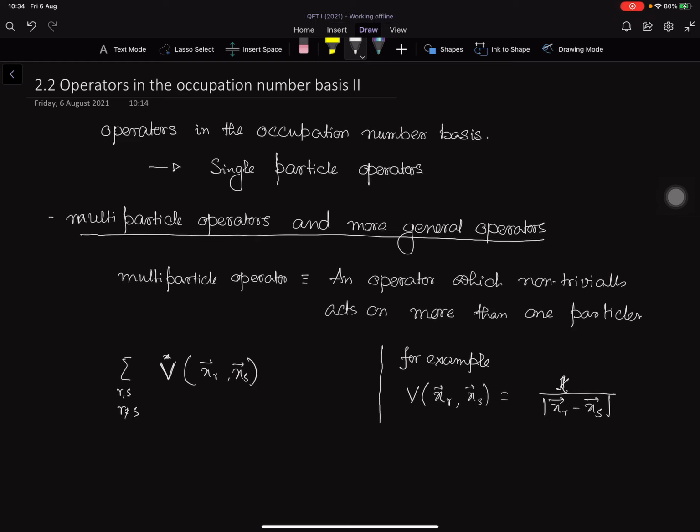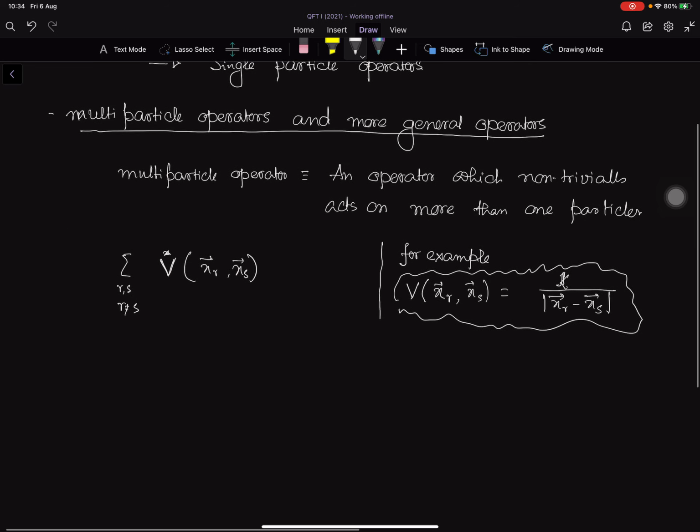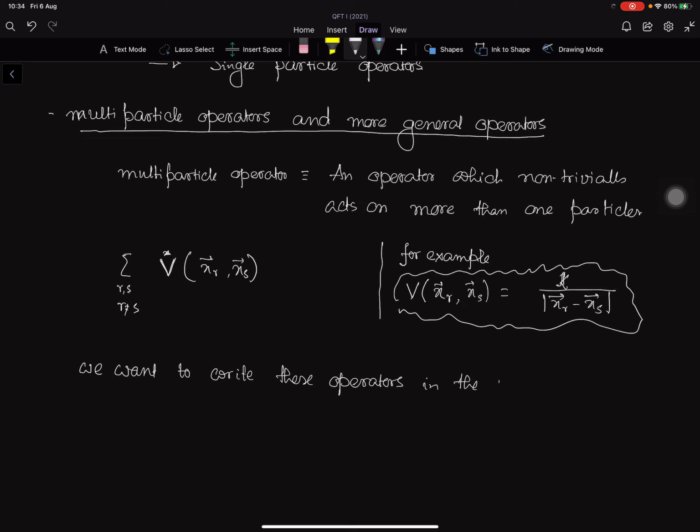But notice one thing, that they have no meaning when we were just considering single particles, right? These are inherently features of multi-particle Hilbert spaces, and we are trying to figure that out. We want to know the occupation number basis.